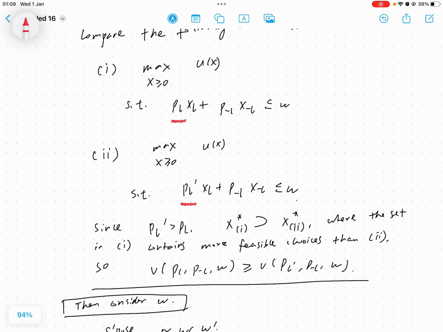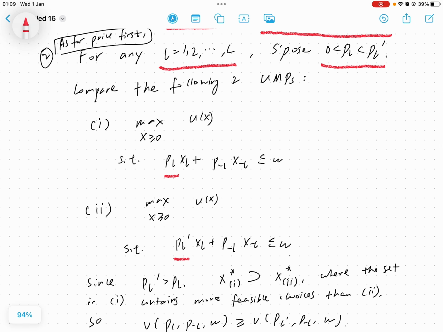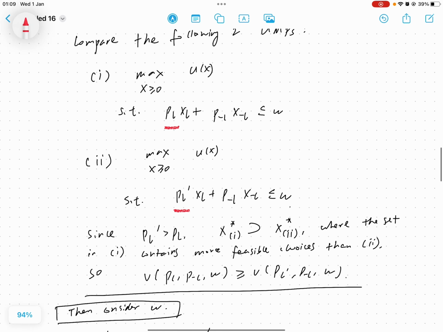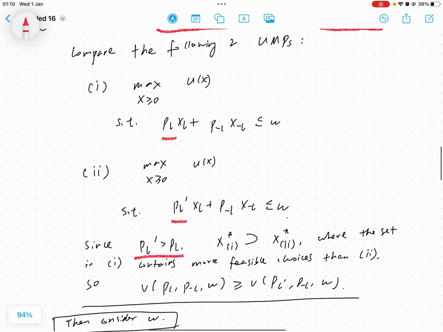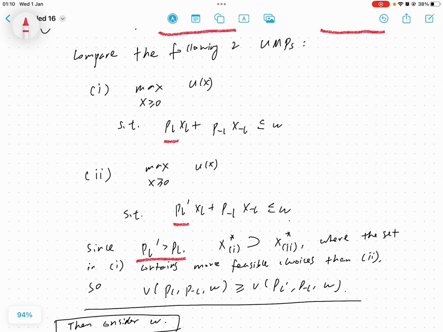In the second, we have p_l prime, which is bigger than p_l, and nothing else changes. Because the price p_l prime is bigger than p_l, the first set of x, in the first UMP, has to contain more feasible choices than the second one.